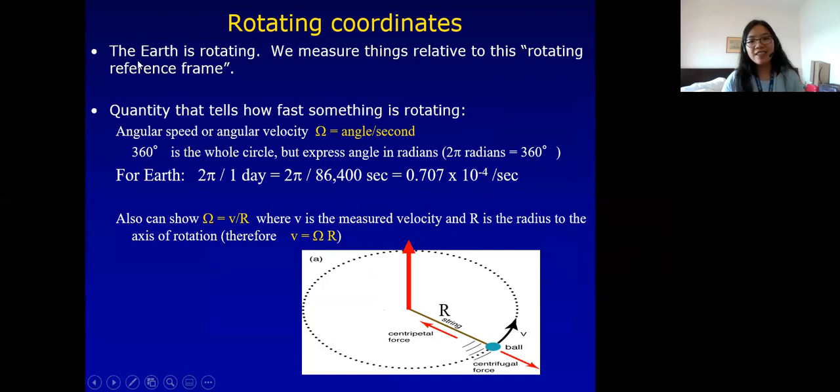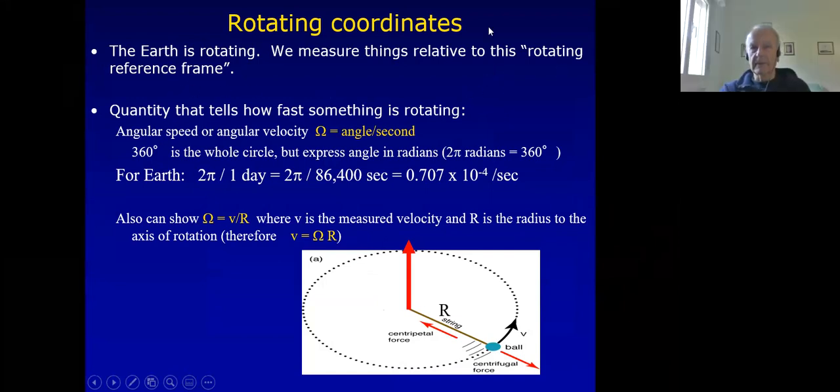Good. Okay. So as I told you, the Earth is rotating, and this is the angular speed or angular velocity. And this angular velocity on the Earth is 0.7 times 10 to the minus 4 seconds to the minus 1, which is the angular velocity you obtain by dividing 2 pi by 1 day in seconds.